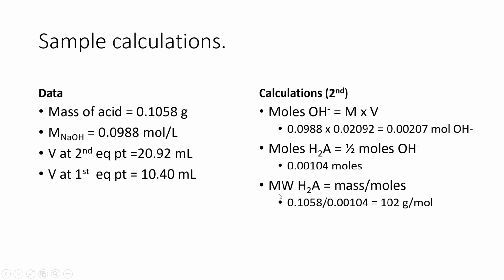Then to find my molar mass, I will take the mass, 0.1058, and divide by this number of moles, the 0.00104. And that's going to give me a molar mass of about 102. Remember that molar masses come from the atoms that make them up.